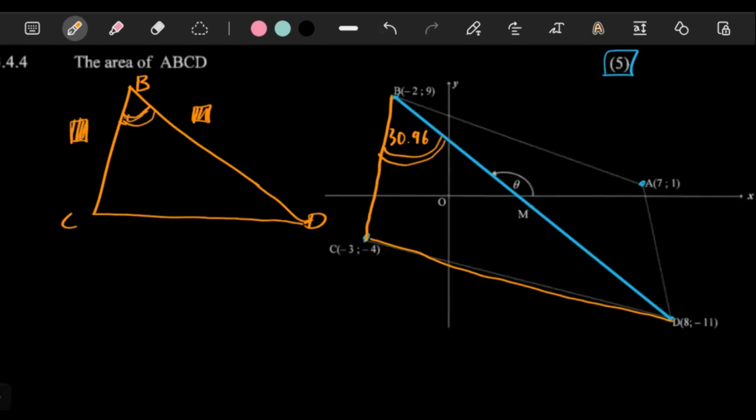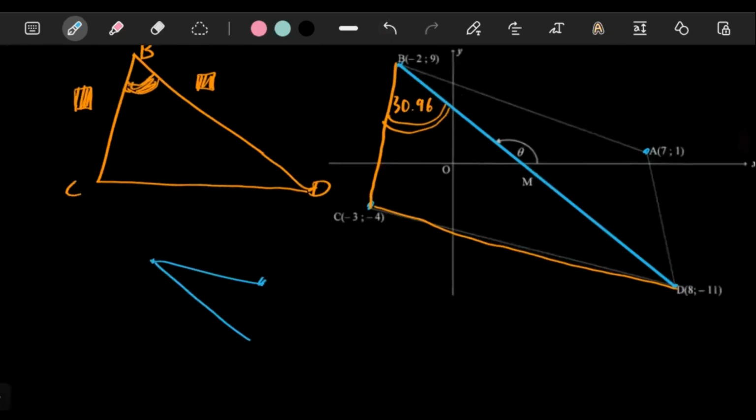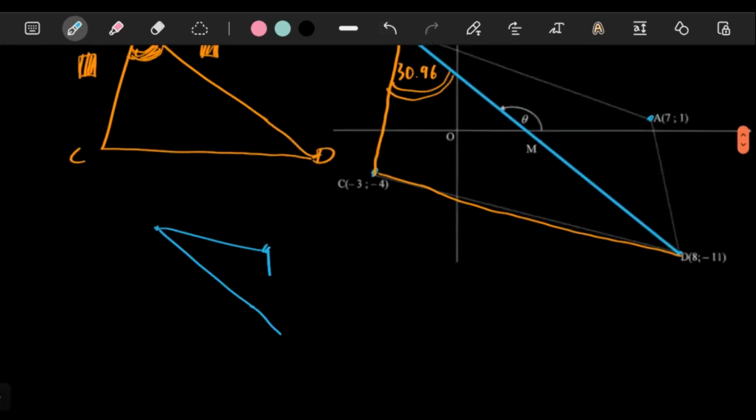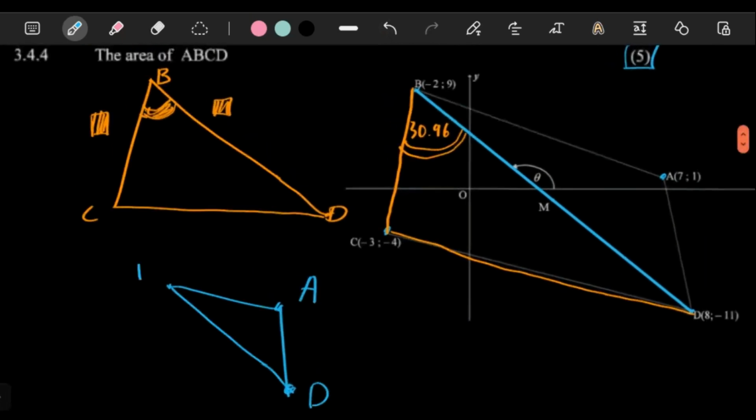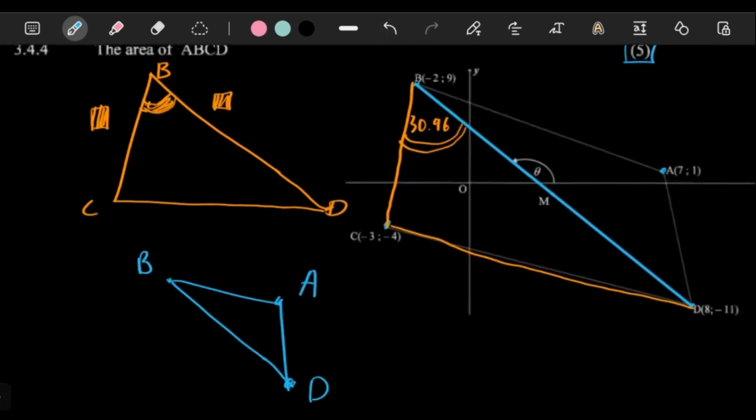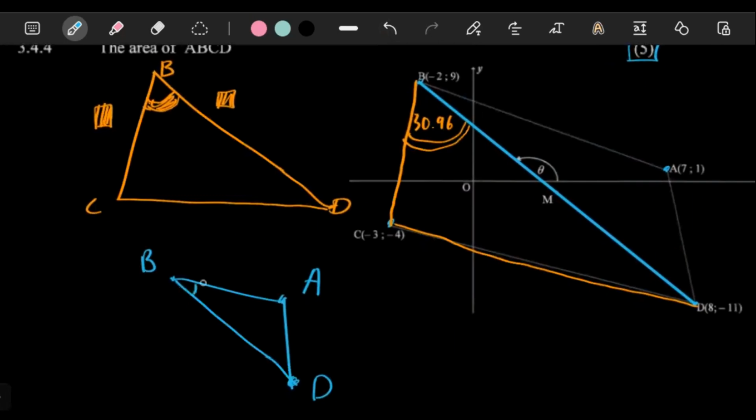So we'll have two sides and an angle. We can just use the area rule for this triangle. However, we have another triangle, which is BD, and then there's A here, D here, and then B up there. So we can also get this angle here, one or the other, if we're committed.